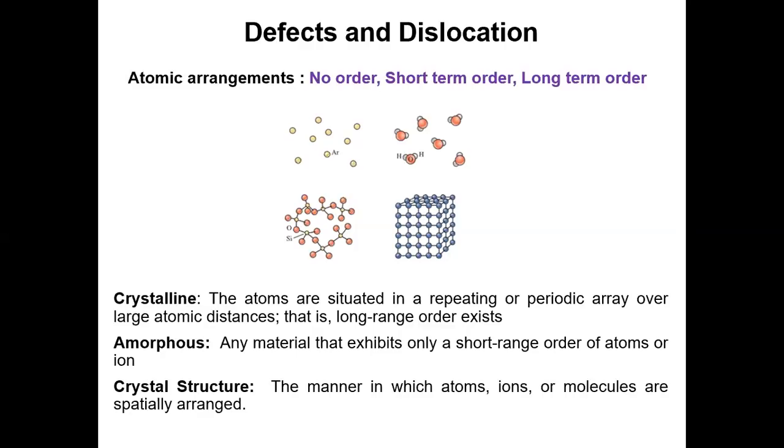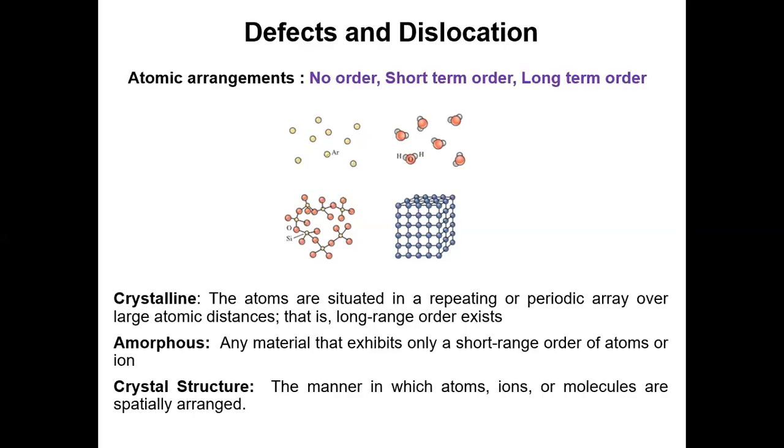That is, we call long range order exists in crystalline materials. There's a pattern, and that pattern exists for large atomic distances.